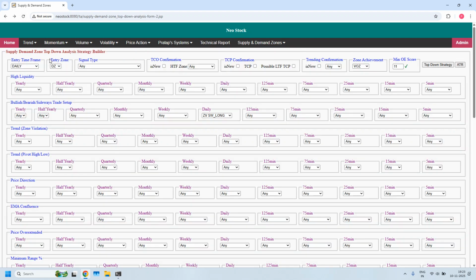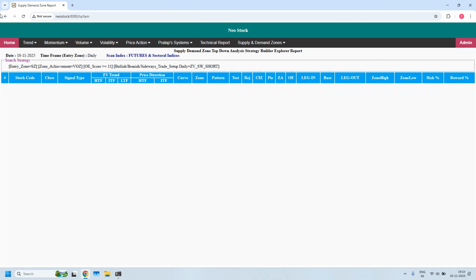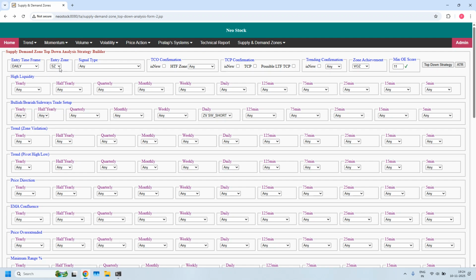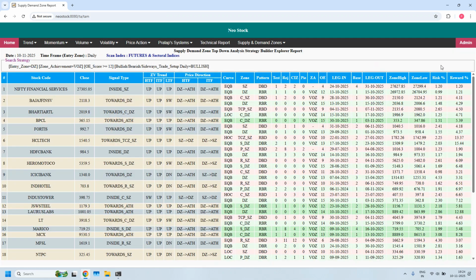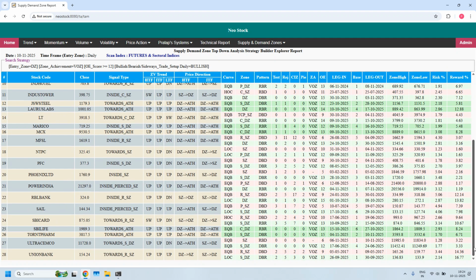Next monthly income trade, sideways short trade setup. Next bullish trade setup, monthly income trade. First 18 stocks in the list. Total 28 stocks. So let's filter based on the first strategy.